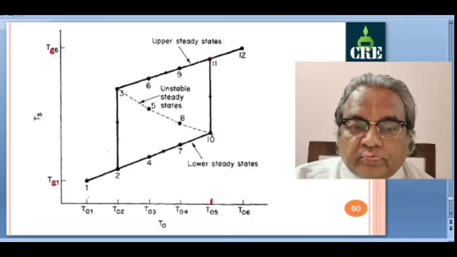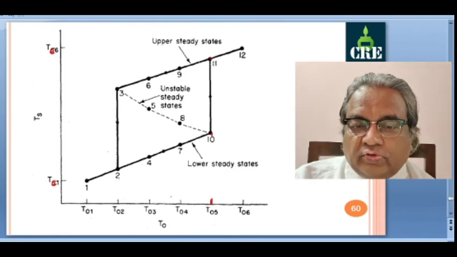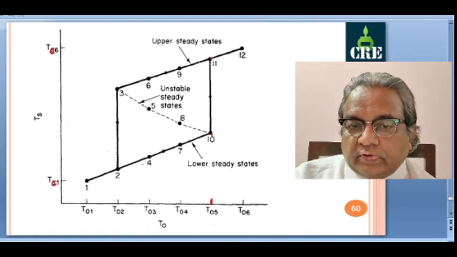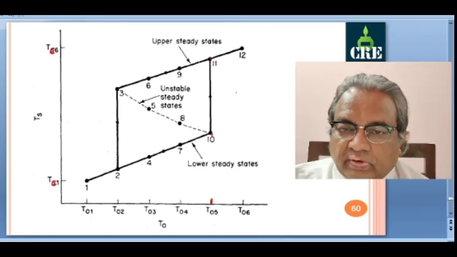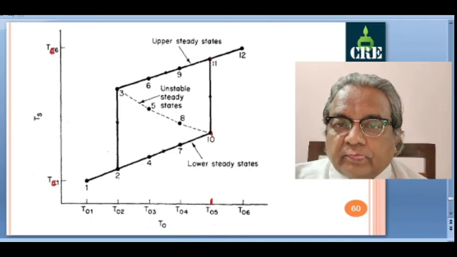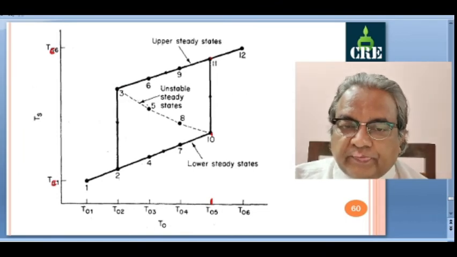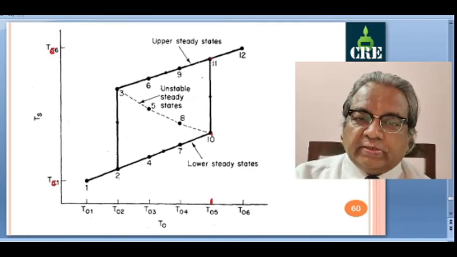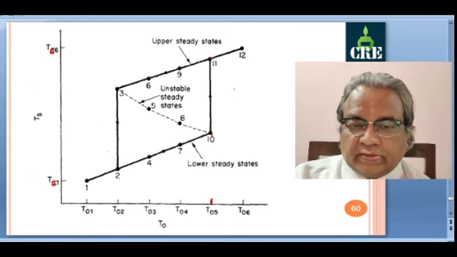Here, when you increase the entering temperature from T01 by some value to T02, then to T03, 4, 5 and 6, your removal term is shifting towards the right with the same slope, and as the generation term curve is almost S-shaped and the removal term is a straight line, as these straight lines with the same slope shift to the right, you have one steady state, then you have 2 intersection points, 2 steady states, then 3 intersection points, 3 steady states, then again as you move further, you have just 2 steady states, and again you can have only one steady state.